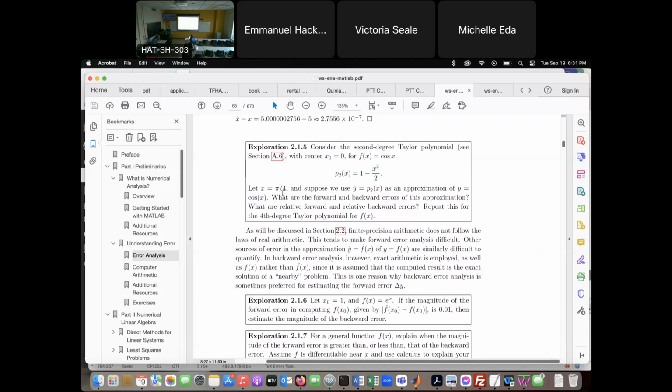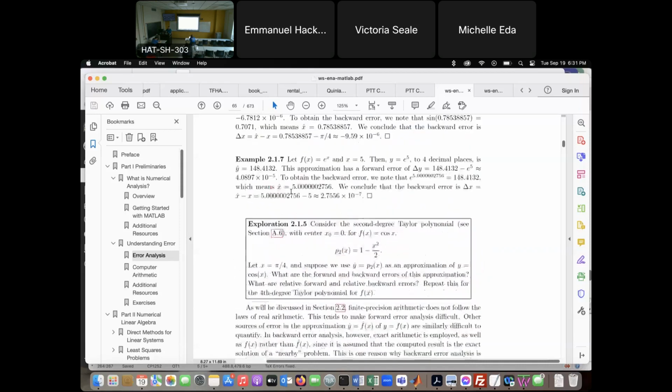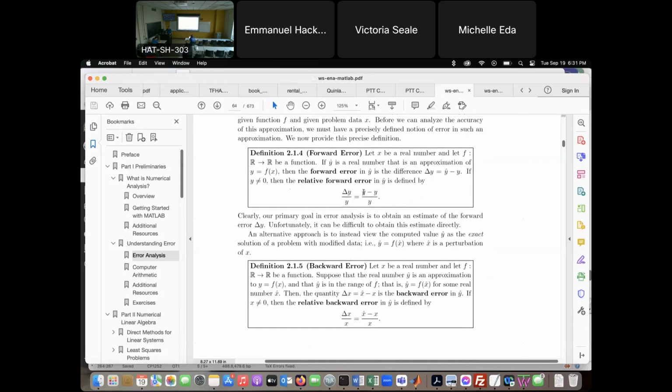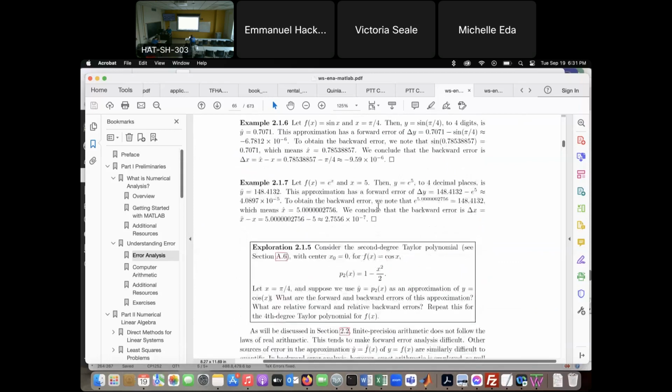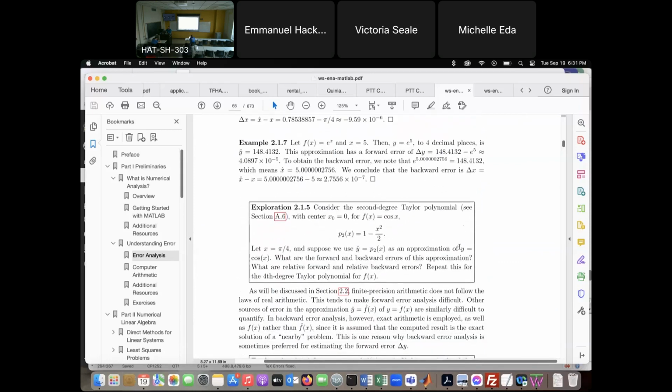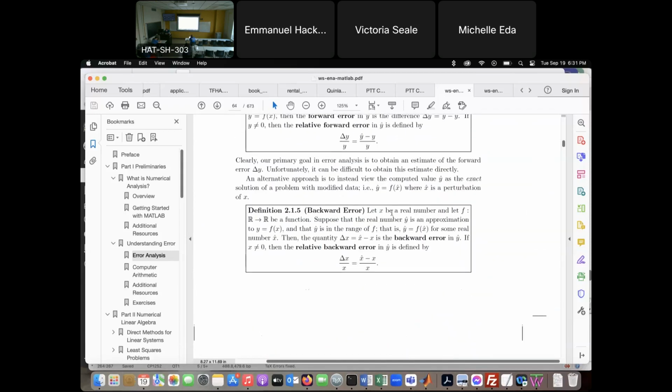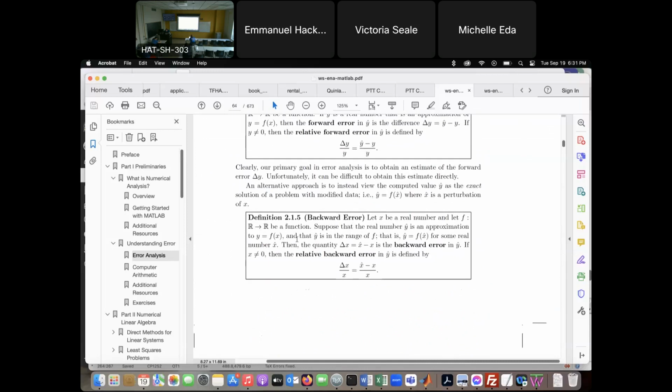And then you use that to get the forward error. The forward error is y hat minus y. That's the absolute forward error, and then the relative forward error. Then, to get the backward error, if we look at the definition, it's x hat minus x.